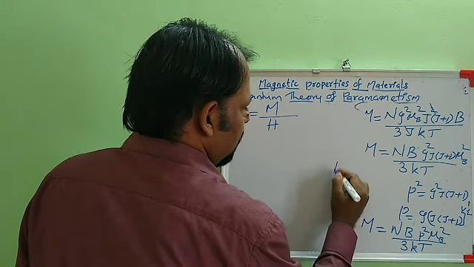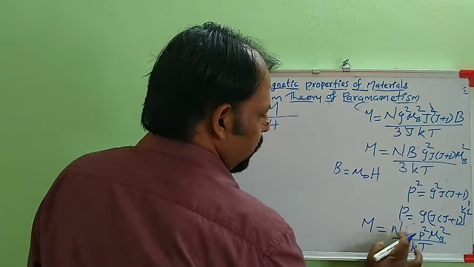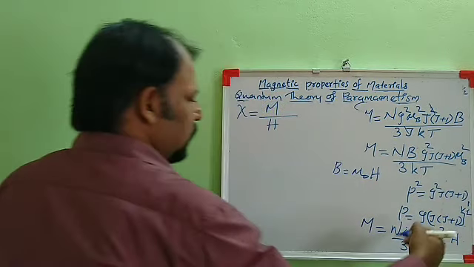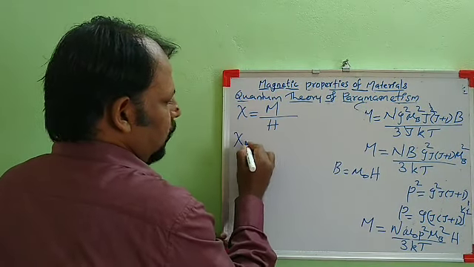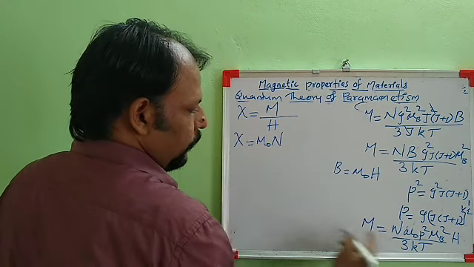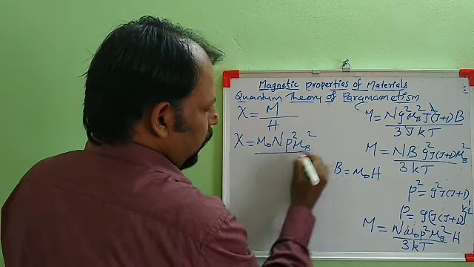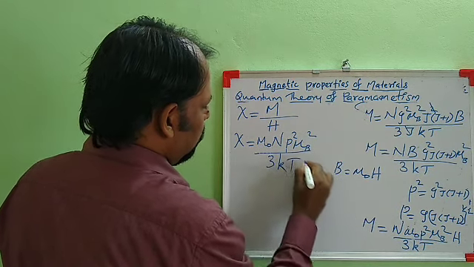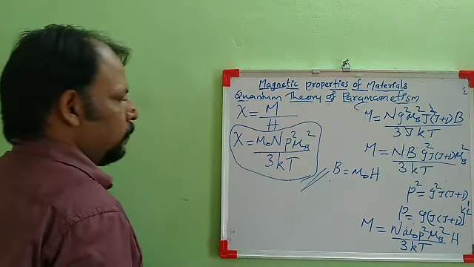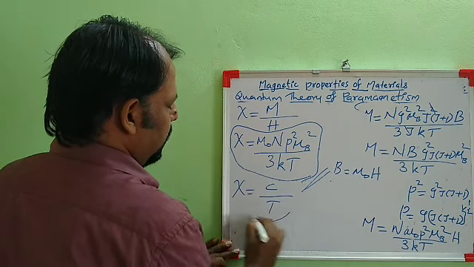So B, we can write it as B equal to mu 0 H. So if I write mu 0 H for B, then dividing this term by H, we will be having the magnetic susceptibility as mu 0 N p square mu_B square divided by 3 kT. This is the expression for susceptibility, or we can write chi equal to a constant by T.